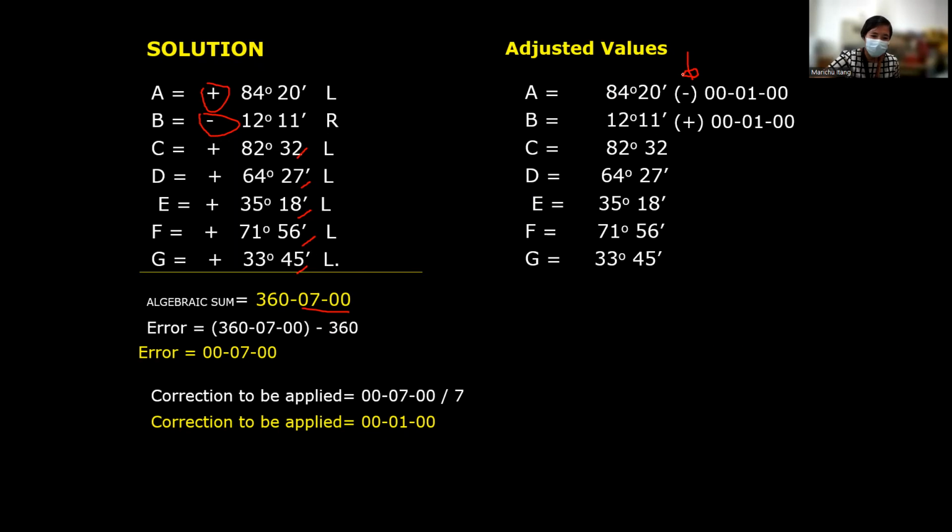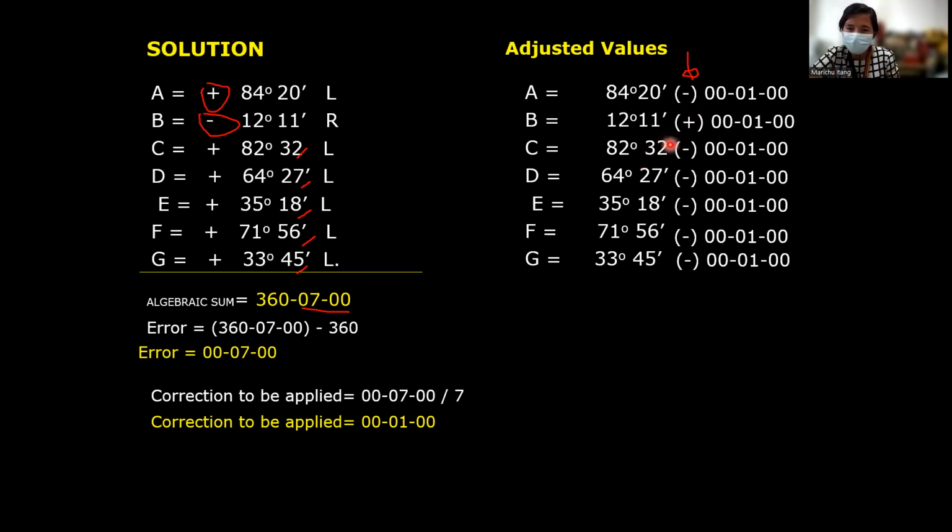And then opposite naman, since this is negative, yung correction niya should be added, since opposite yung correction and then the error. So if this is left or positive, yung correction niya is subtract. This is negative, therefore plus yung correction. Since this is all plus, then all of these are subtracted.